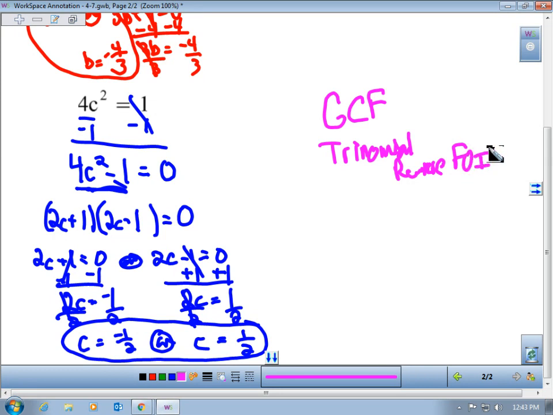And then you're going to see difference of squares. Guys, you're not going to see grouping, which I know a lot of you do well in factor by grouping, and you're not going to see sum or difference of cubes, that long formula. So that should make the factoring go a little bit easier.